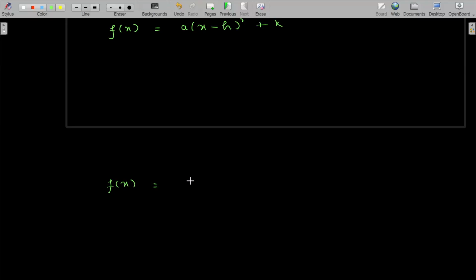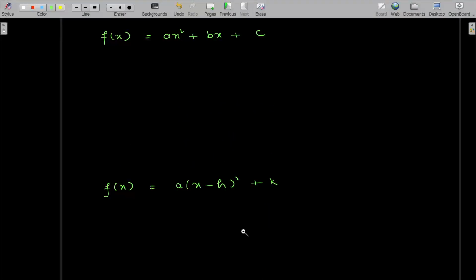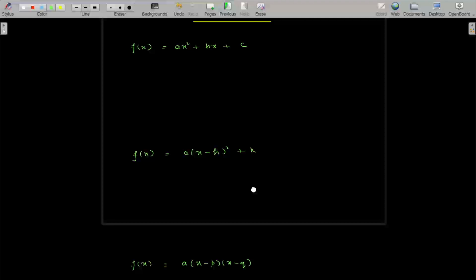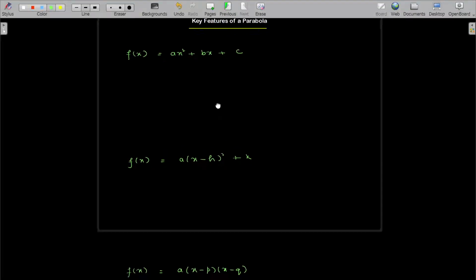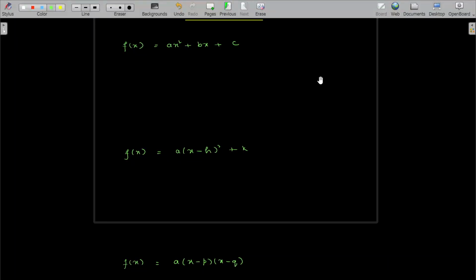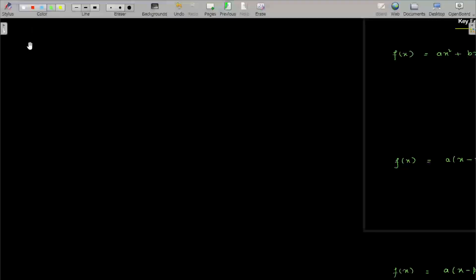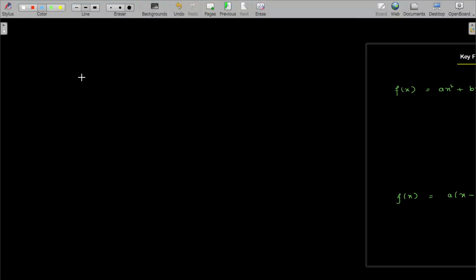So here I'm writing something. I have written the function notation for parabolas. Did I tell you the 3 notations of a quadratic equation? One is equation notation, then function notation, then relation notation.